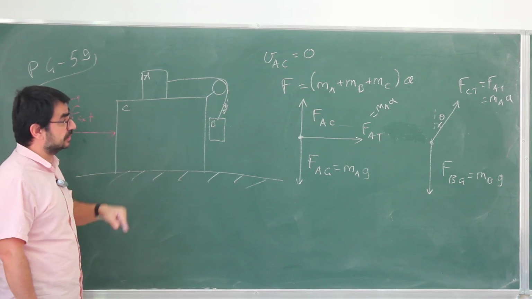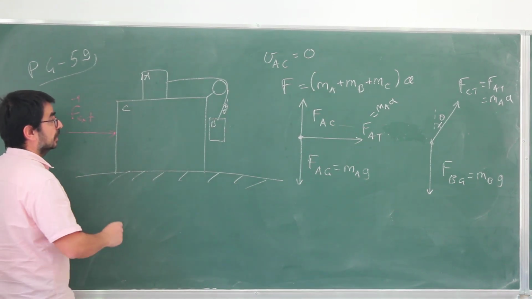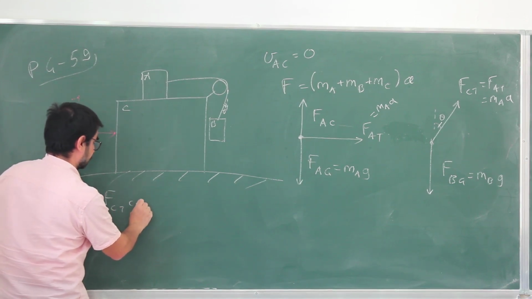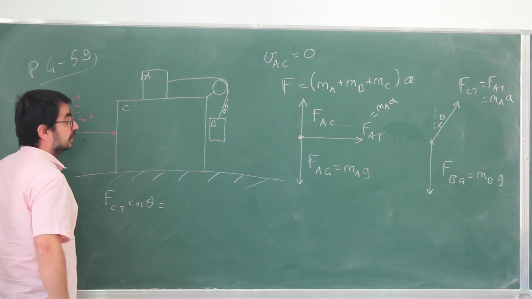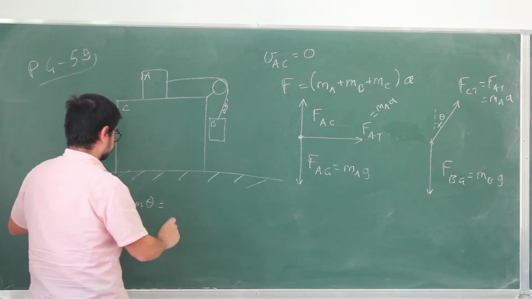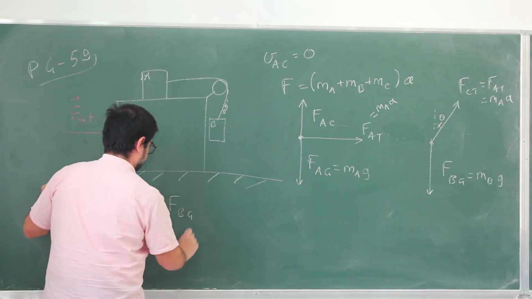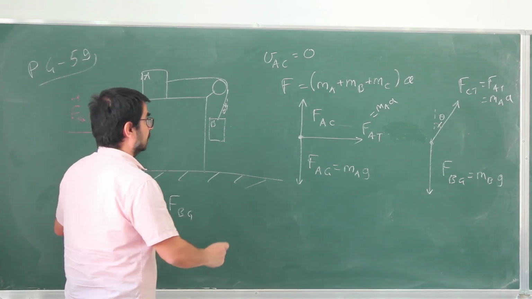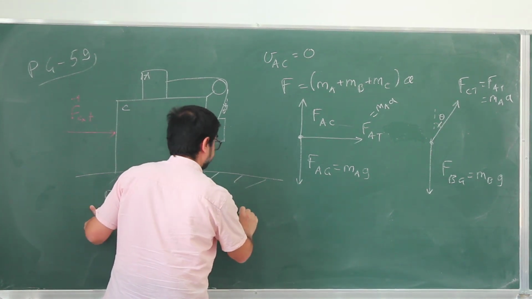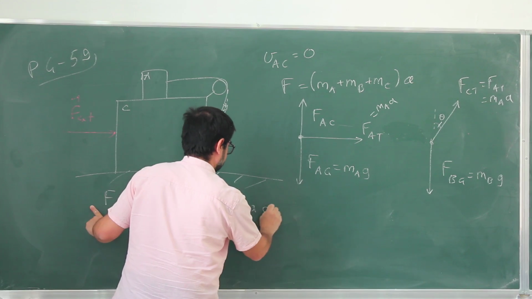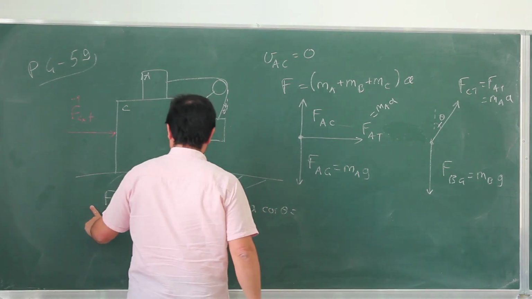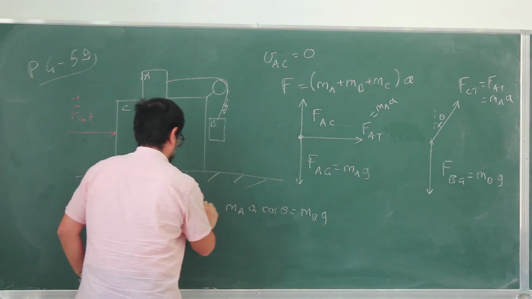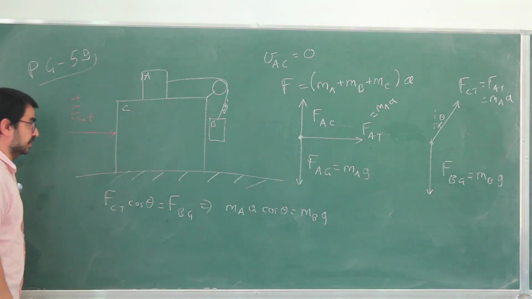So if I write the cancellation for the vertical direction, I would write Fct cosine theta is equal to Fbg. So I can write this in terms of things that I actually know: MA times the acceleration cosine theta is equal to MBg. It's just the same equation, I just plug some numbers in.